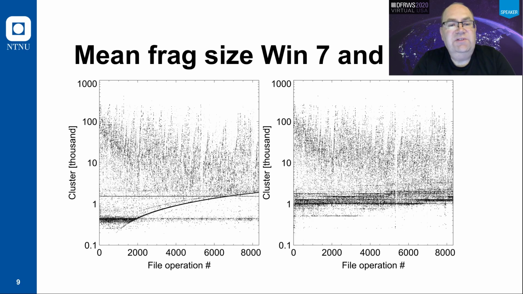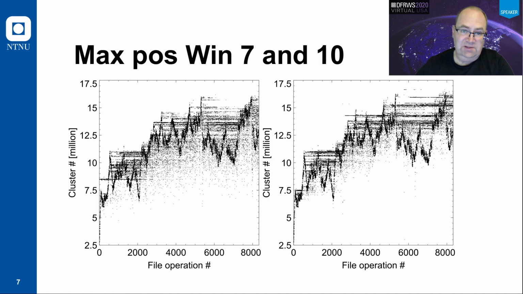When we come to the mean fragment size, we have a few really interesting appearances. Windows 7 at approximately file operation 2000, which is, if we look at the bold curve again, the utilization curve, you see that it's about when a new level of utilization arises, and it goes above 50% utilization.